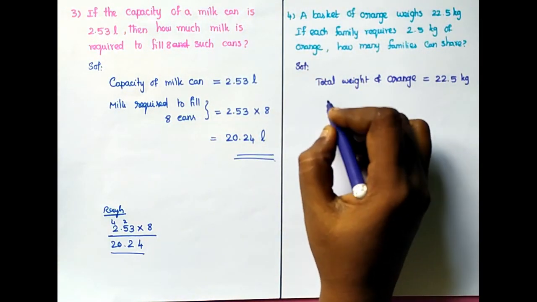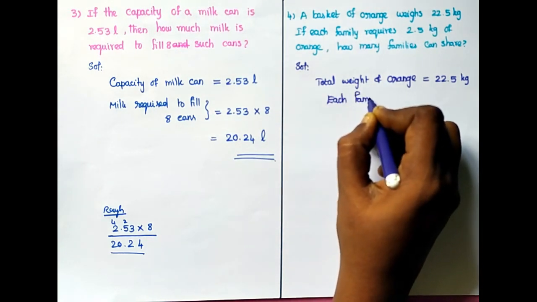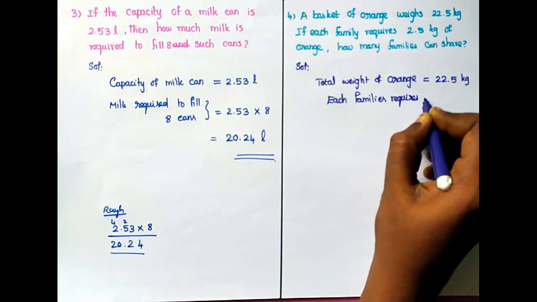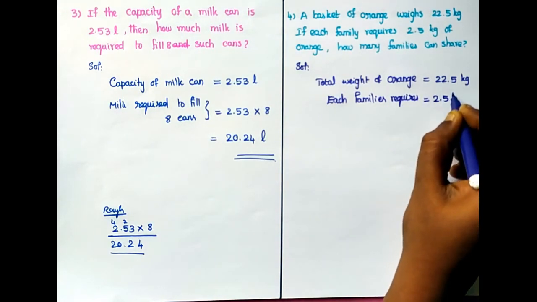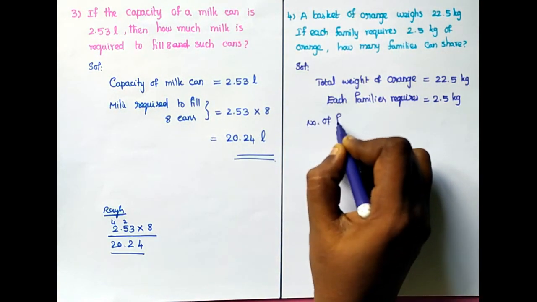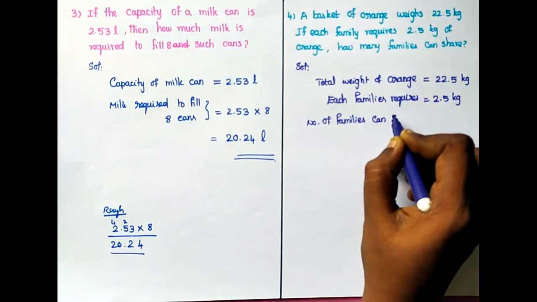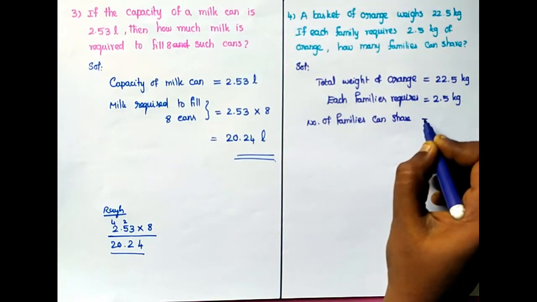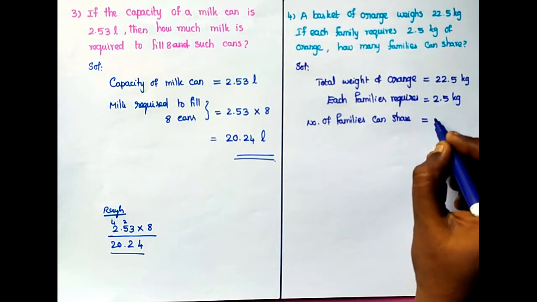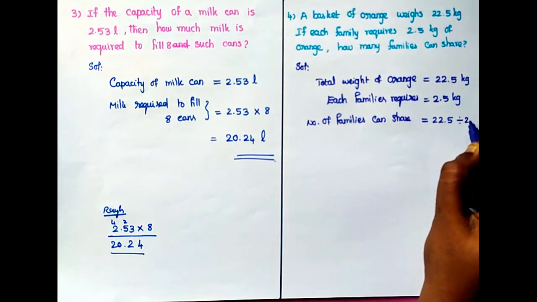Each family requires how much? 2.5 kilogram. So number of families can share, that is equal to 22.5 divided by 2.5.